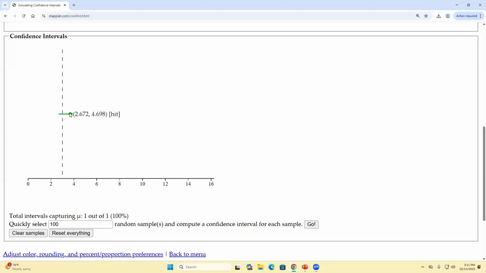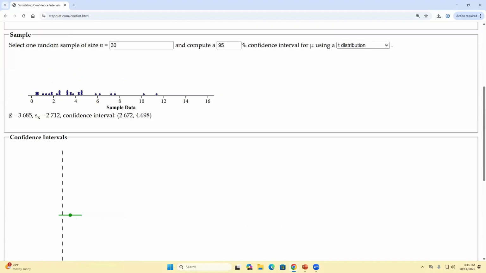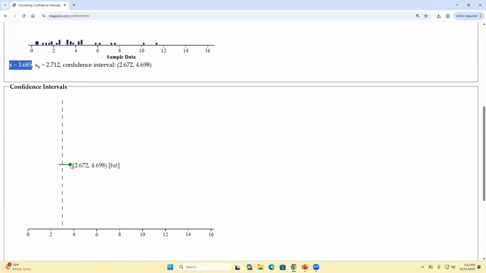Importantly, this point right here is your point estimate. That is the center of the interval. And just as a spoiler for what we're going to be doing next time, that point estimate for any confidence interval is your sample mean. Your sample mean from a population is always your best guess for the mean of that population. So that forms the center of our confidence interval.